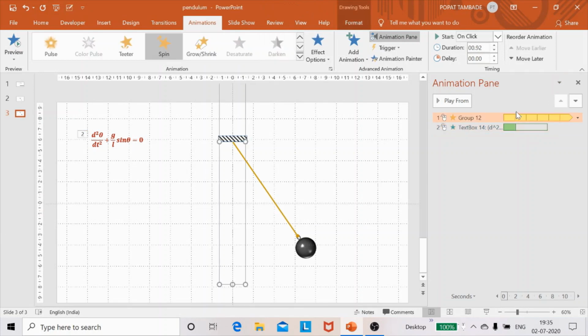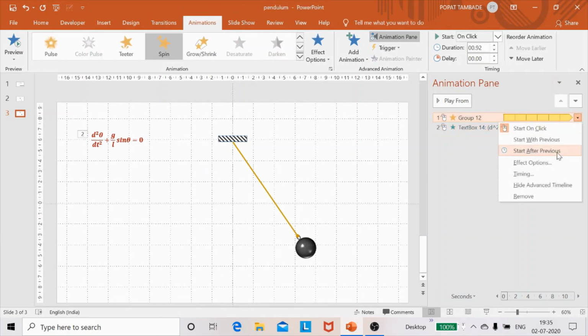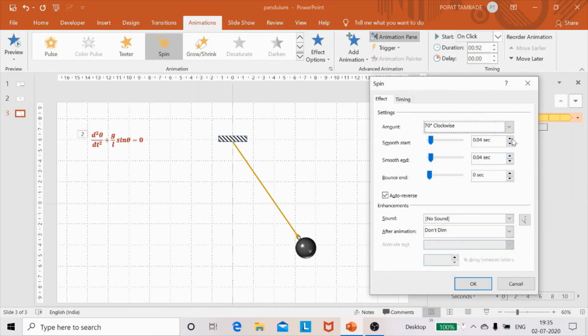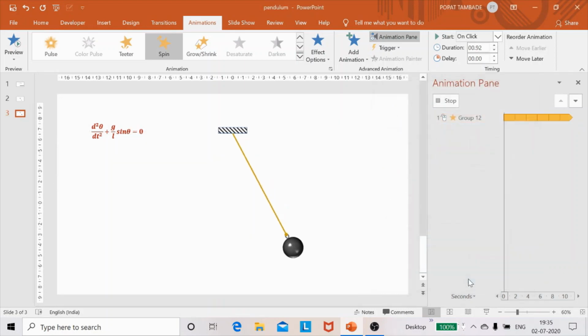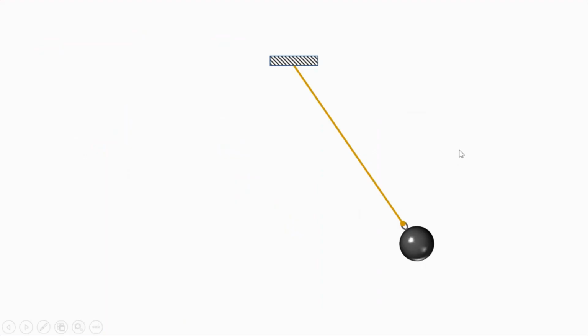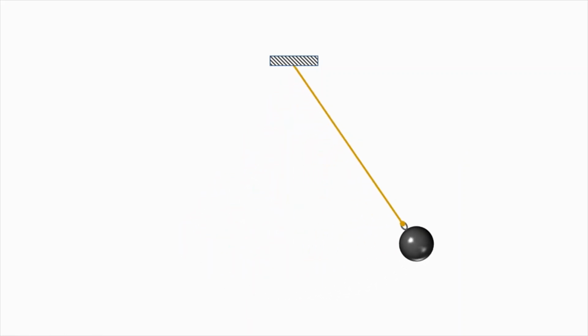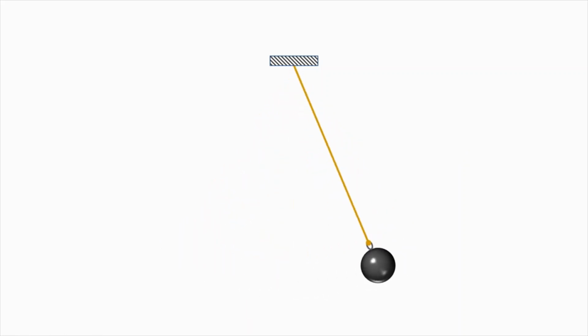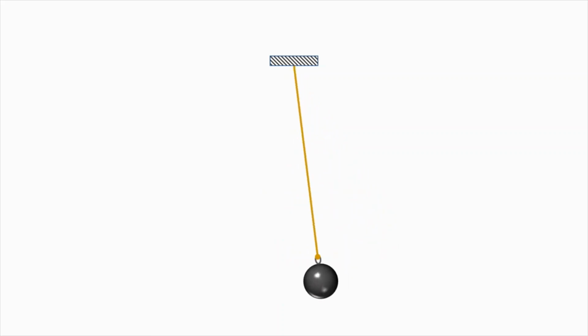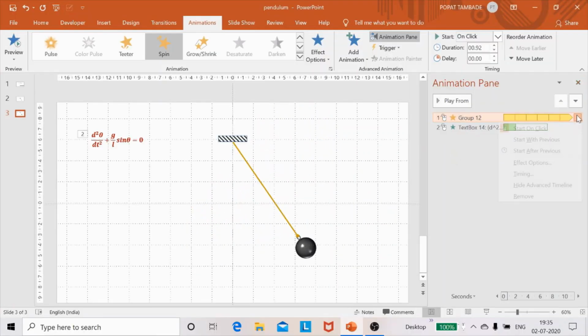You can change this smooth start and smooth end to some higher value. Then you can see this effect.